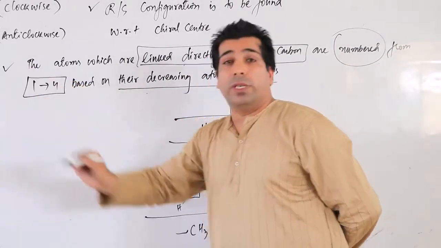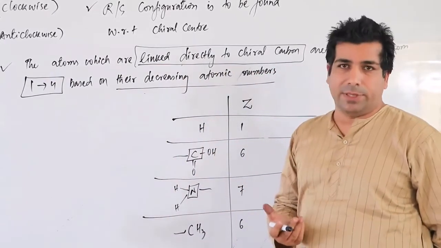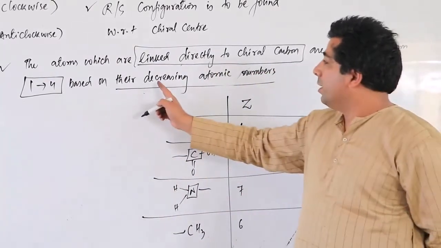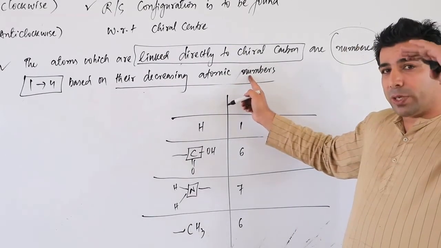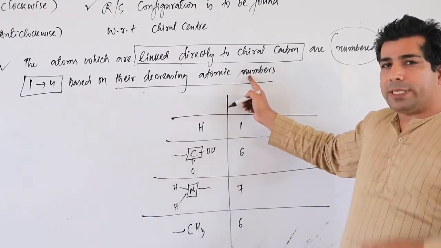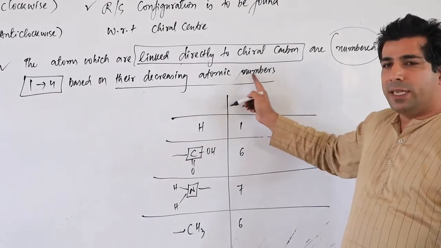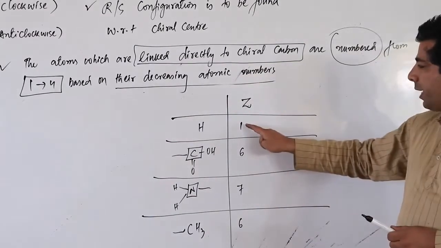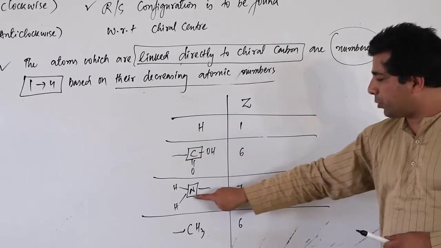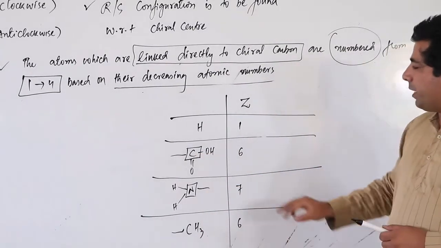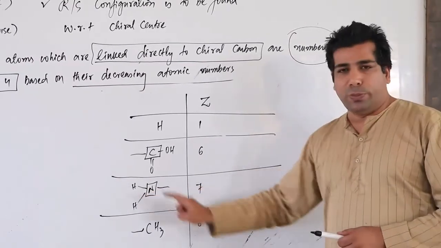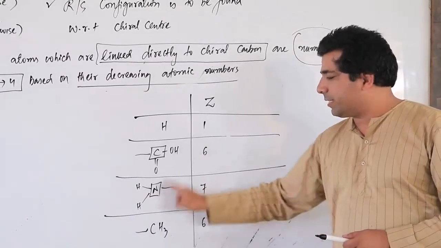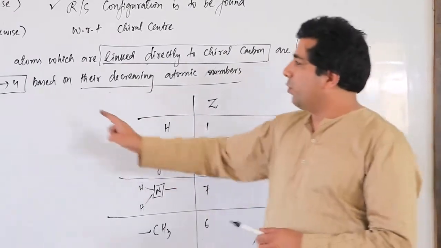So 1 to 4 numbering should be given to those atoms based on their decreasing atomic numbers. So the highest atomic number should come first and the lowest atomic number should come last.